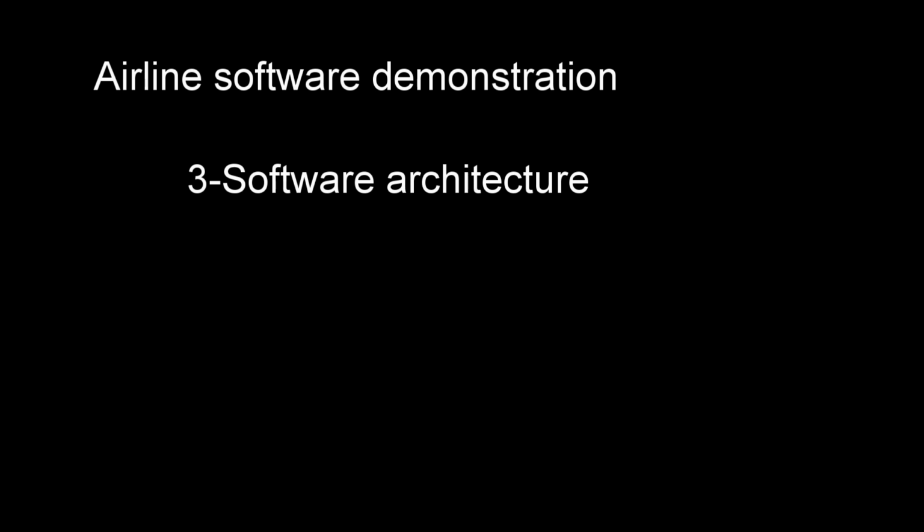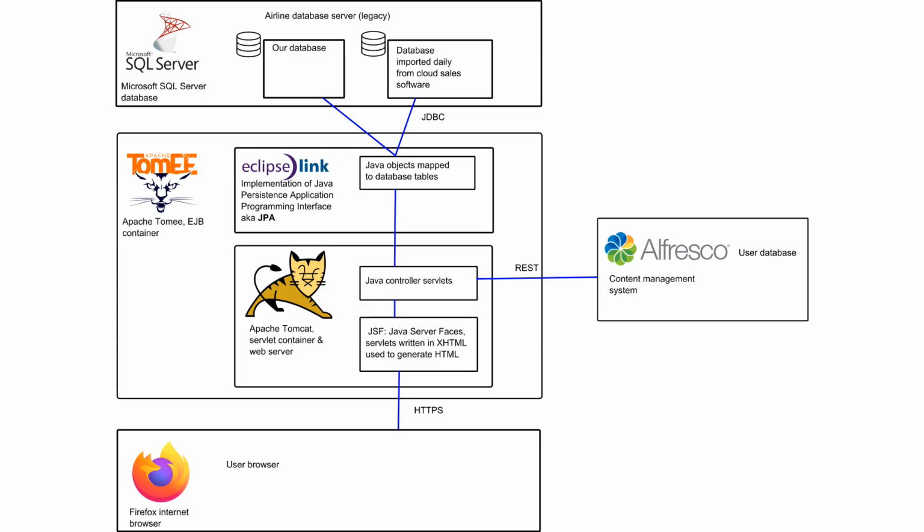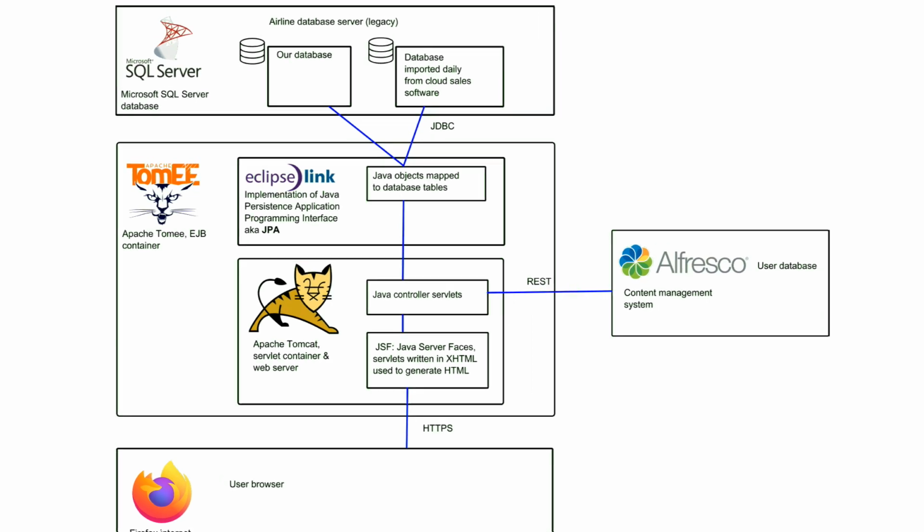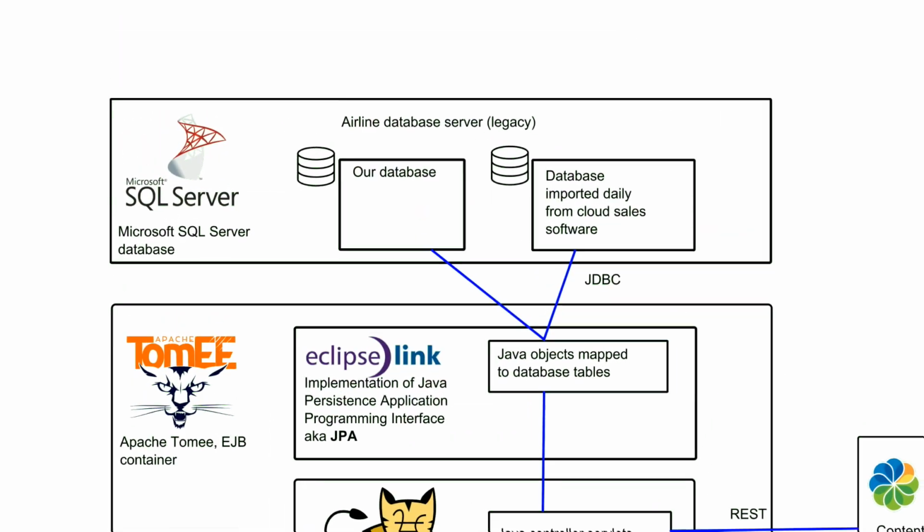Lastly, a word about the architecture. Despite the seemingly complex diagram here, the software runs on a good old three-tier architecture with database, business and presentation layers. More specifically, MVC, Model View Controller architecture.